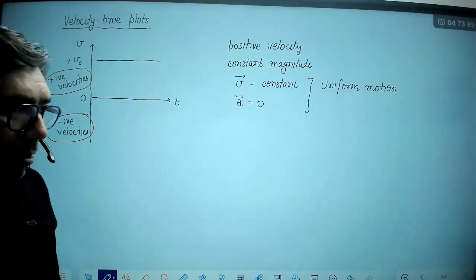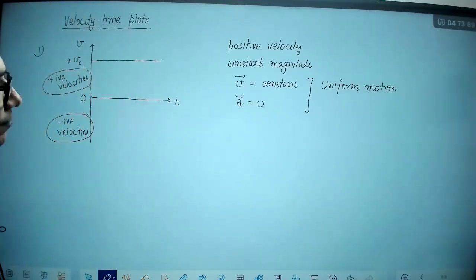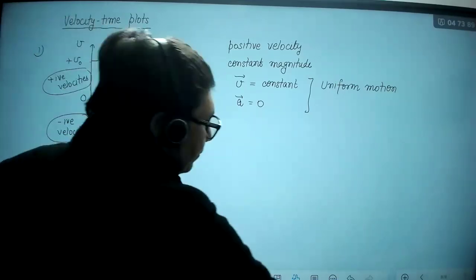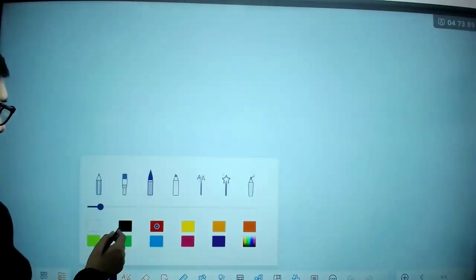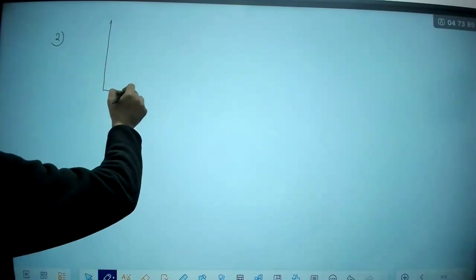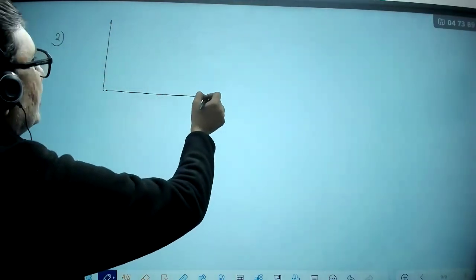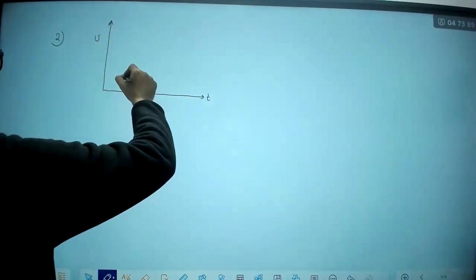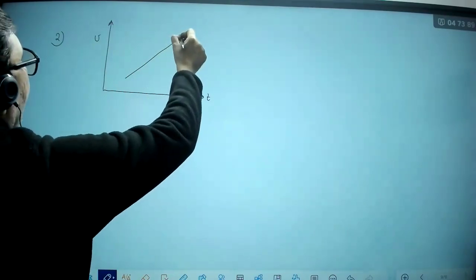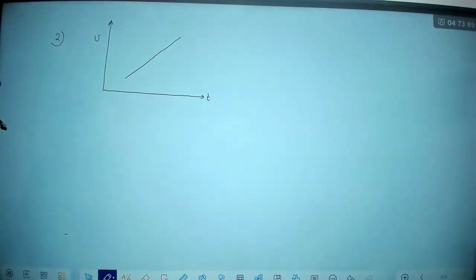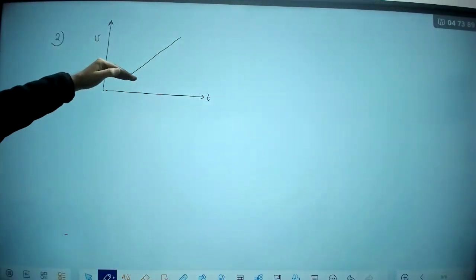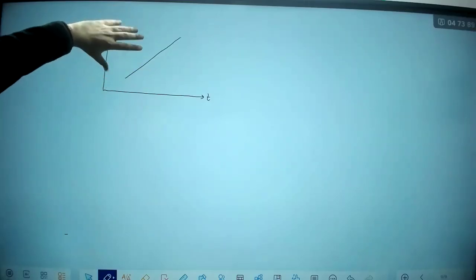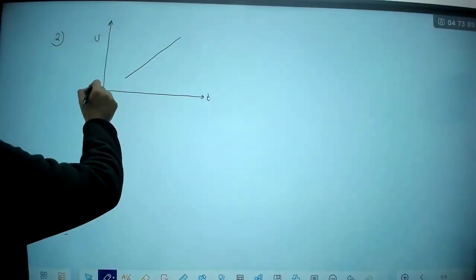Second, this is the time axis and this is V, a plot of this type. Where is this plot? It is on the positive side, above the time axis. This is 0.